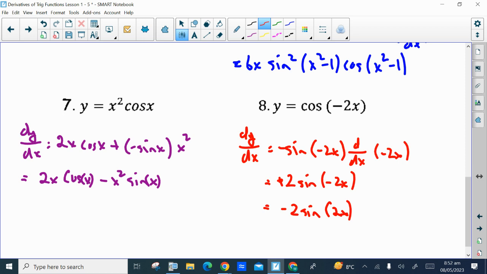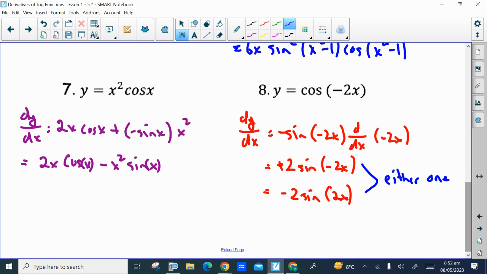Only cosine is positive, so sine is negative. So either one of these is acceptable. If you were checking answers in the back of the book, though, they may do that last step, and that's the reason why that is true. Okay?